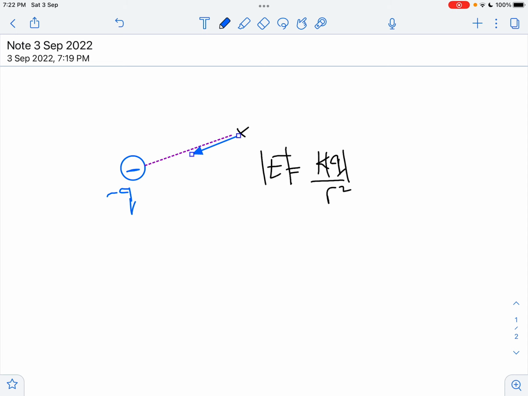So a point charge creates an electric field. Let's highlight that equation.